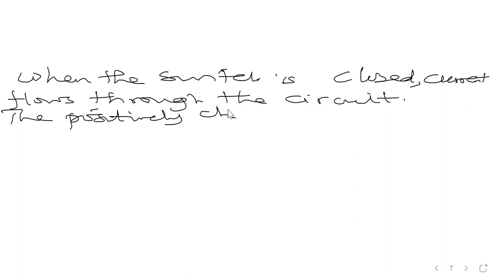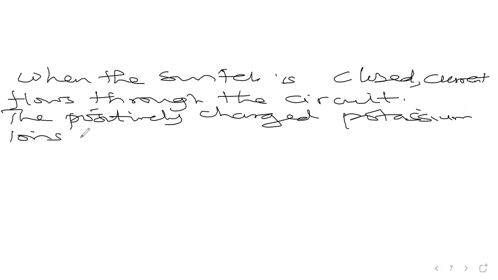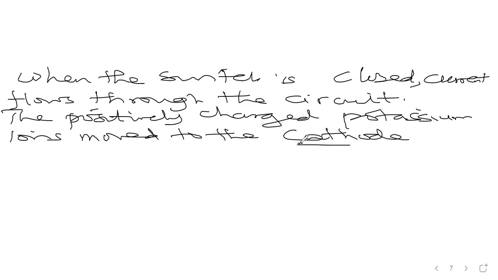The positively charged potassium ions move to the cathode, because the cathode is negatively charged and the potassium ions are positively charged. They are cations, so they migrate to the cathode.